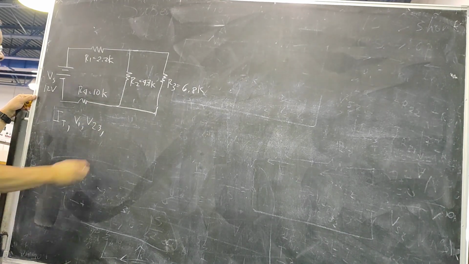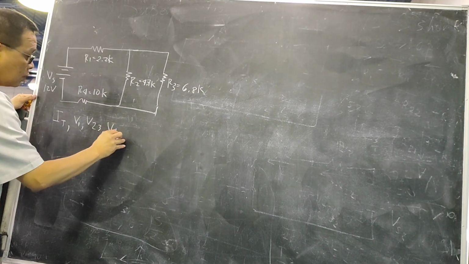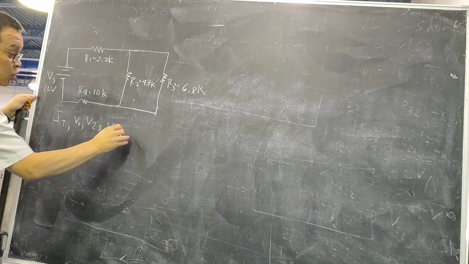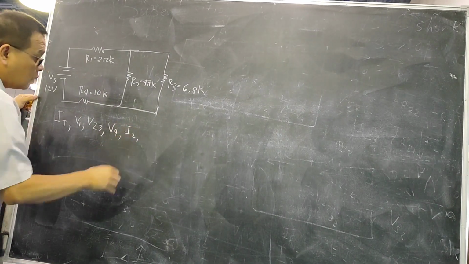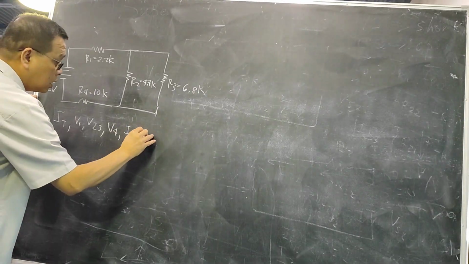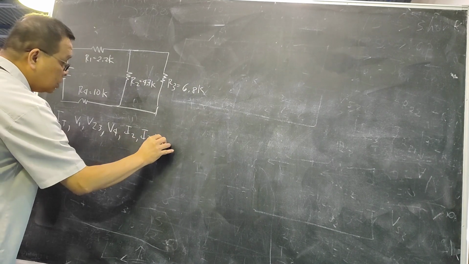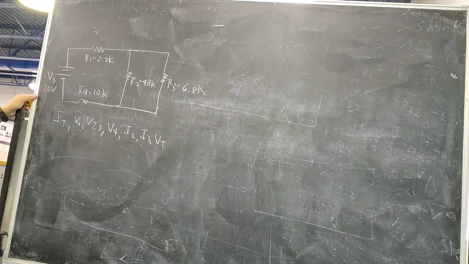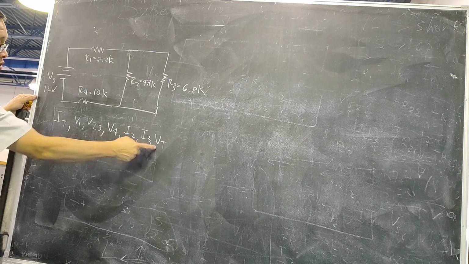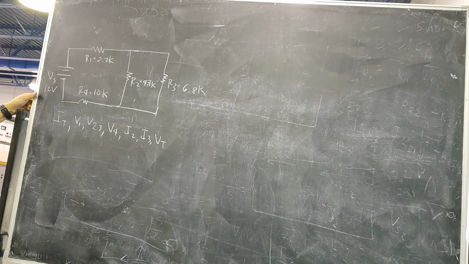Then V4. Then I2, I3, V2, V total. So we have 1, 2, 3, 4, 5, 6, 7 unknowns.